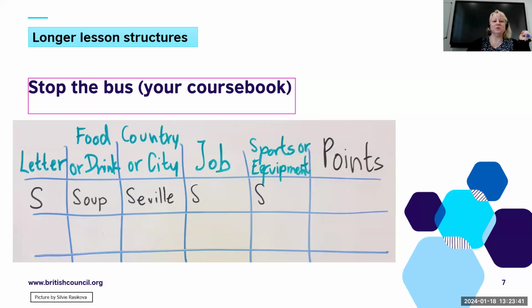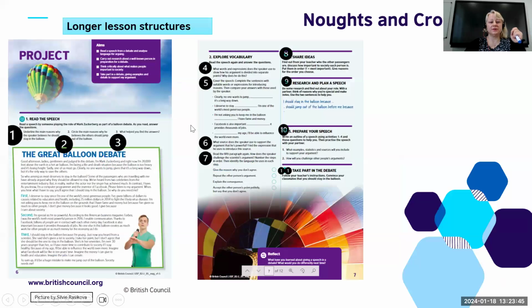Okay, so moving on, we're still going to be on the longer lesson structures. Again, this is a British Council course book magazine. It's for a higher level, so it's upper secondary B2.